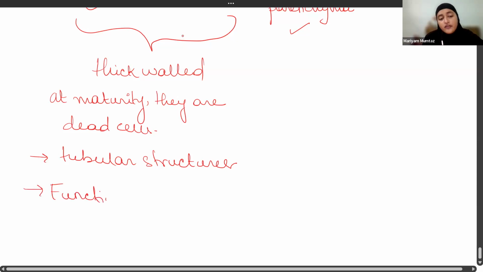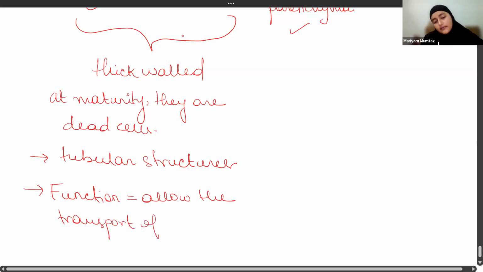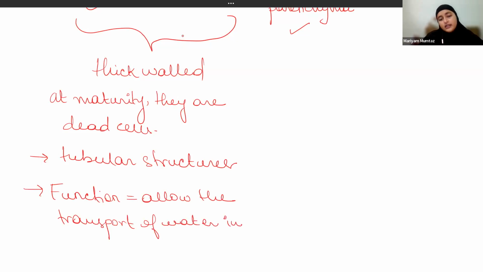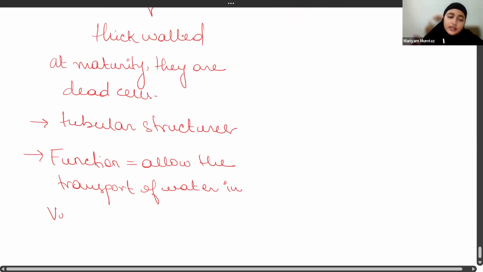So the function of tracheids and vessels is to allow the transport of water in vertical direction. Now, first of all, tell me what is a vertical direction?